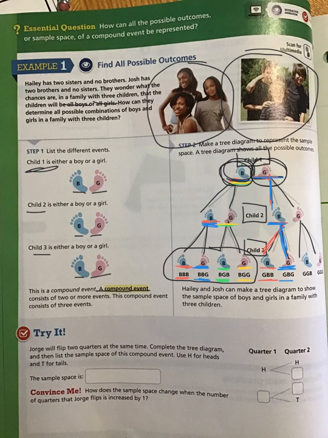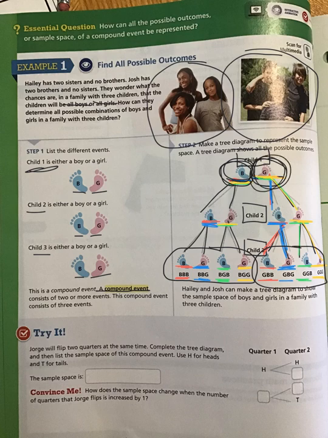That is it when it comes to having a girl and then a boy. Now we have to do a girl and then a girl and then a boy. And then I could have a girl, girl, and a girl. So when I'm looking at this, all the possibilities on the right side is if they have a girl first.